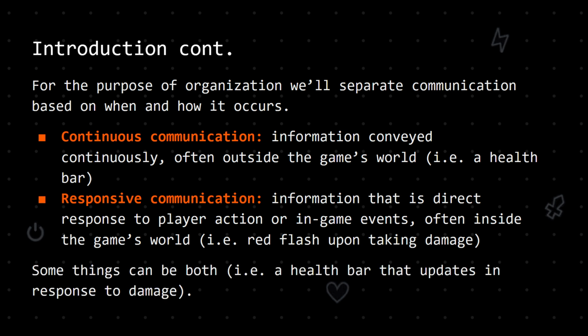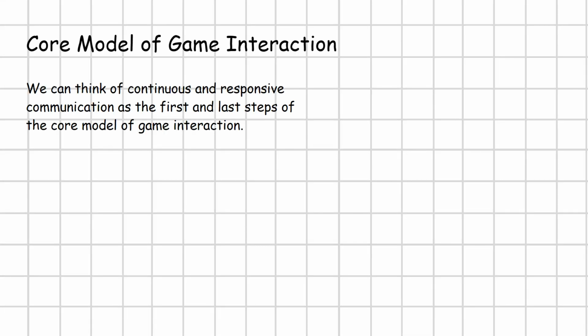It is important to note that the same element can serve up both continuous and responsive communication, such as when that always-on health bar updates in response to damage. It's communicating responsively. Referring back to the core model of game interaction as discussed in Chapter 2, we can think of continuous and responsive communication as the first and last steps of that model.